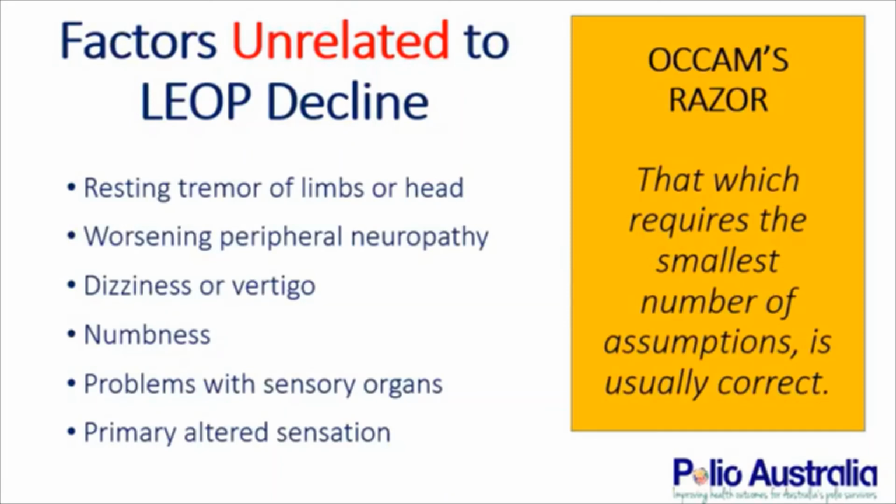However, if there is a more straightforward reason, which requires maybe only one assumption for the symptoms to fit that condition, then Occam's razor says go with the least number of assumptions, because that's probably going to be the correct condition for the symptoms.